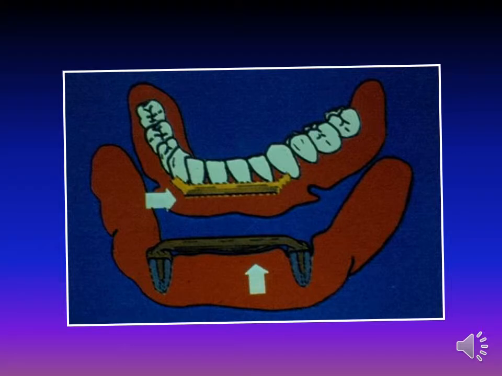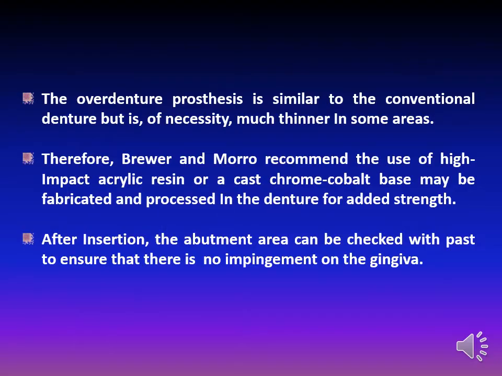This is the overdenture with bar attachment. It is like a conventional denture, but it is thinner in some areas, and thus it may be constructed from high impact acrylic resin or cast chrome cobalt.